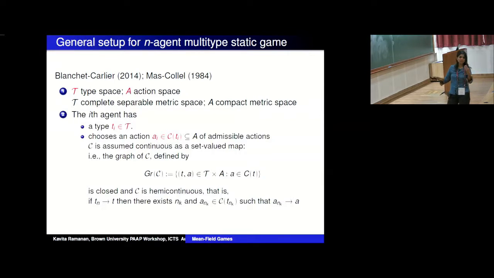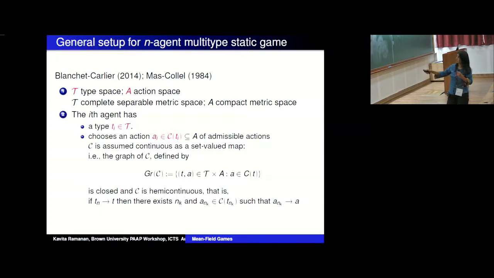Then the i-th agent has a type, some T_i, which belongs to T, and then it chooses an action A_i. Someone asked me this in the morning, about whether it's choosing an action from the same space for all agents. Here, no. Depending on your type, you may be constrained to the set of actions that you can choose. So this is a map from the type space to a subset of the space of actions.